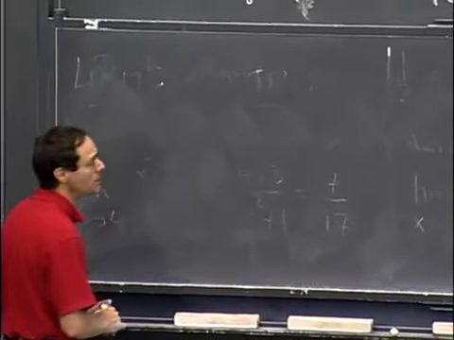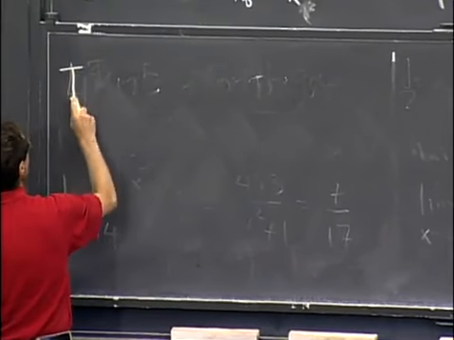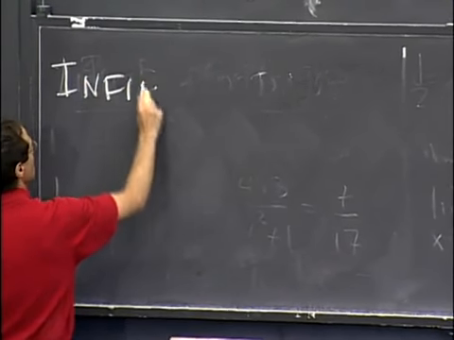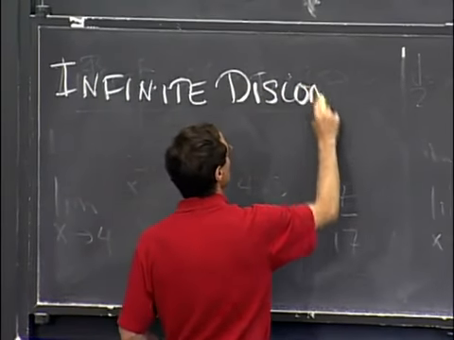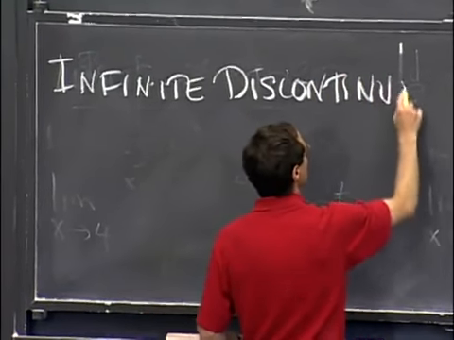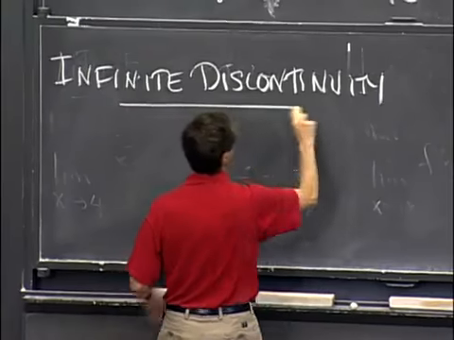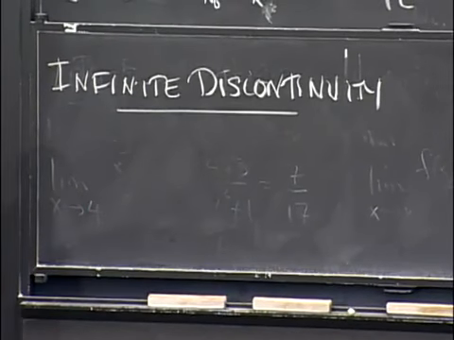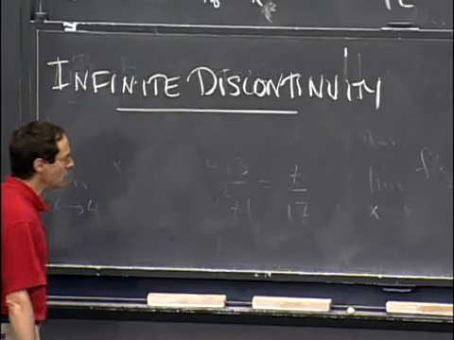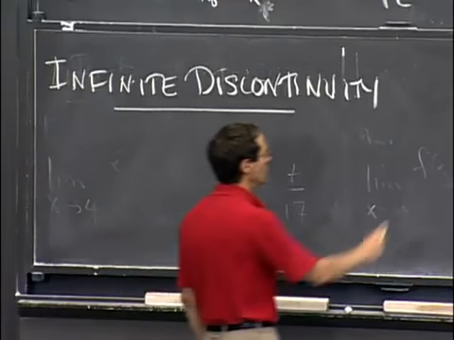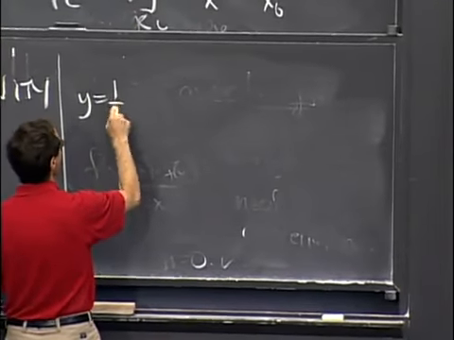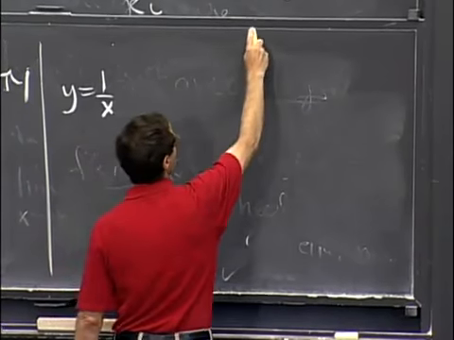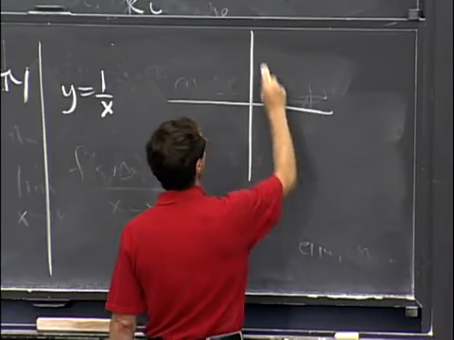So a third type of discontinuity is what's known as an infinite discontinuity. And we've already encountered one of these. I'm going to draw them over here. Remember, the function y is 1 over x. That's this function here.